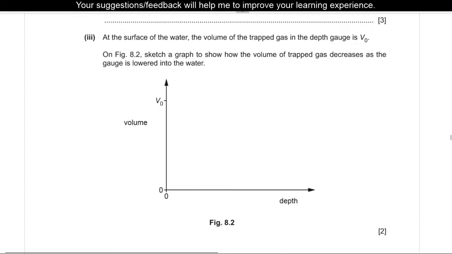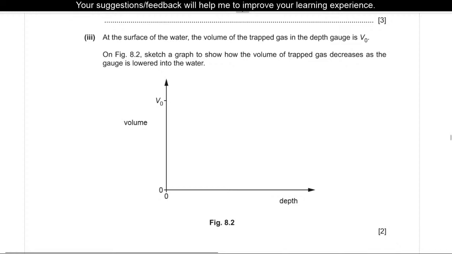So, we have to draw the graph between volume and depth. Most probably, you would not have studied it in your O-level syllabus, but you have studied some things which you can use to draw this graph.